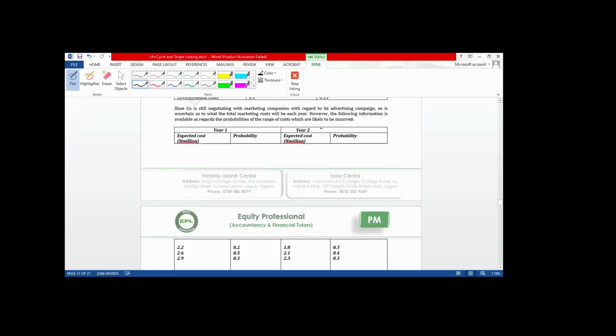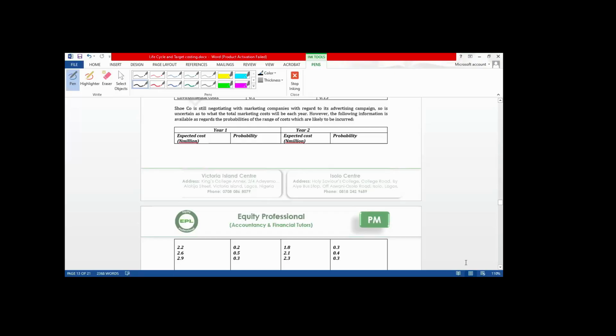However, the following information is available as regards the probability of the range of costs which are likely to be incurred. For year 1, we have 2.2 million, probability of 0.2. We also have 2.6, 2.9.